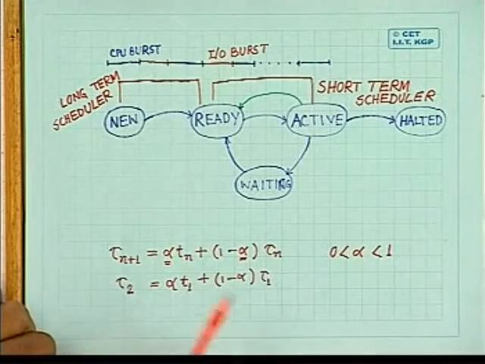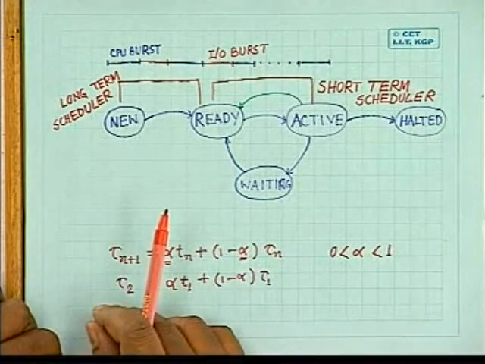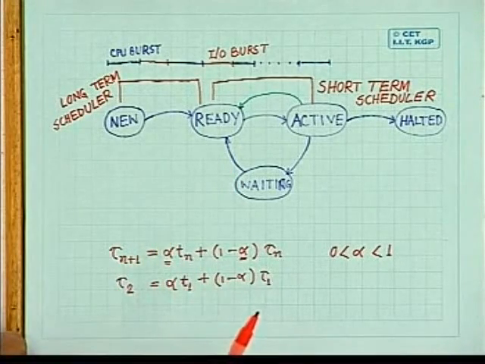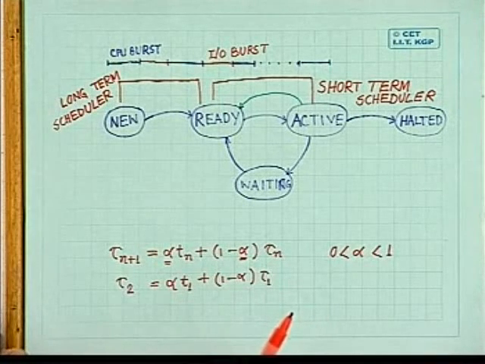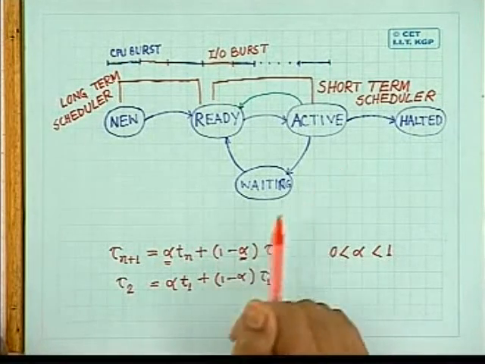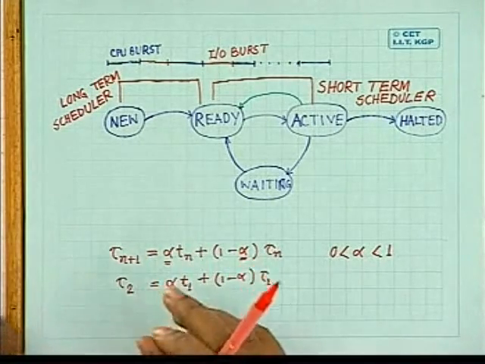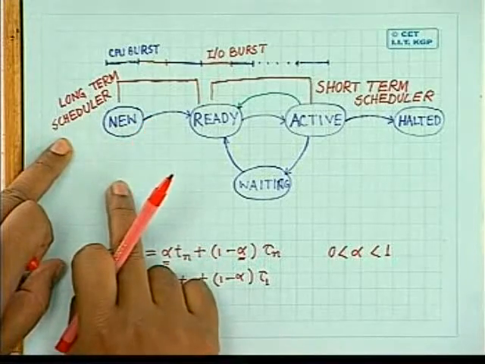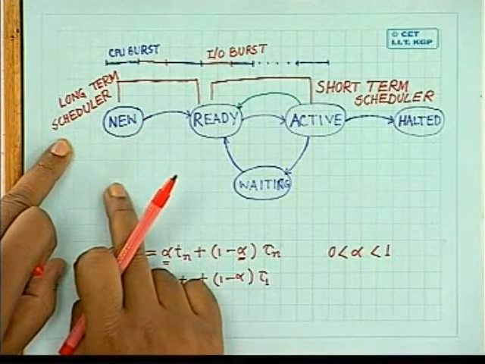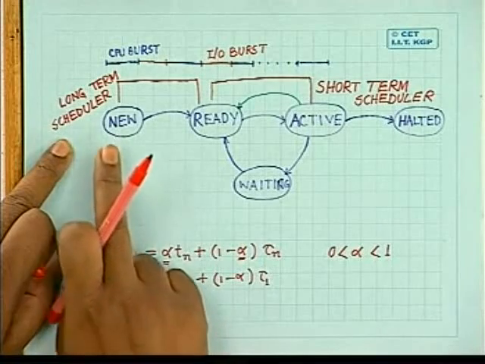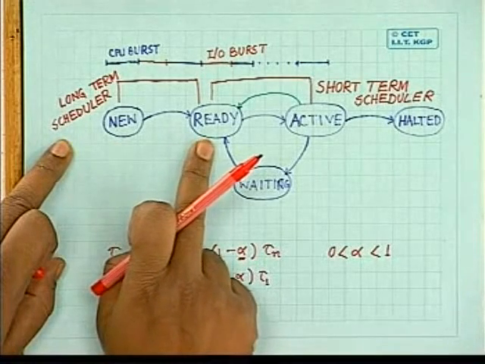As I said, in the ready queue I don't want all the jobs to be CPU bound or all the jobs to be IO bound, because in that case one of the resources will become idle. So in the ready queue, I should have a proper mixture of the CPU bound jobs and IO bound jobs. And that will be the responsibility of this long term scheduler to decide, if there are many jobs in the new state, out of those jobs, which jobs should be pushed into the ready state?